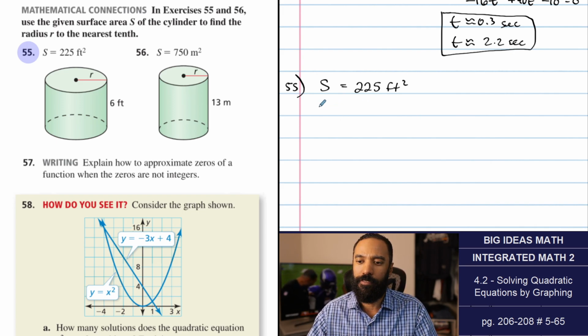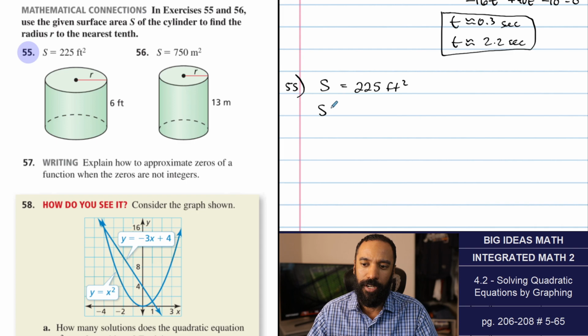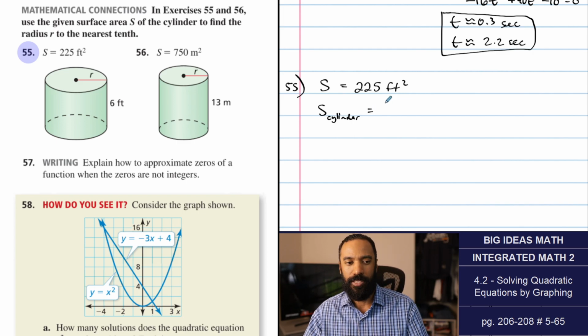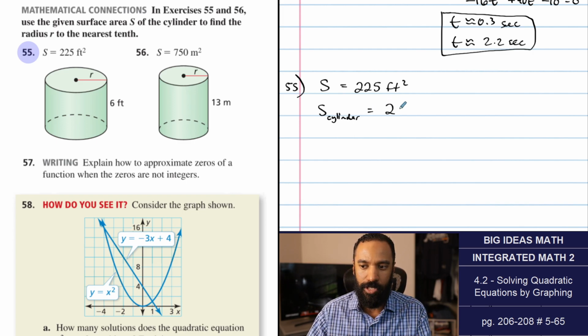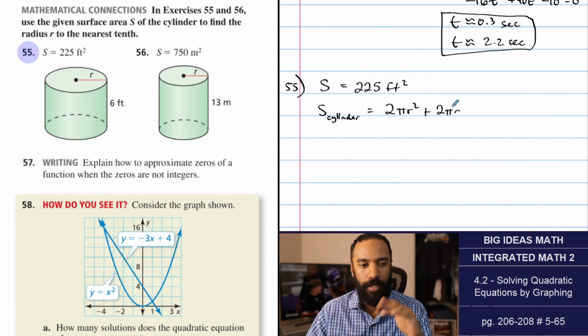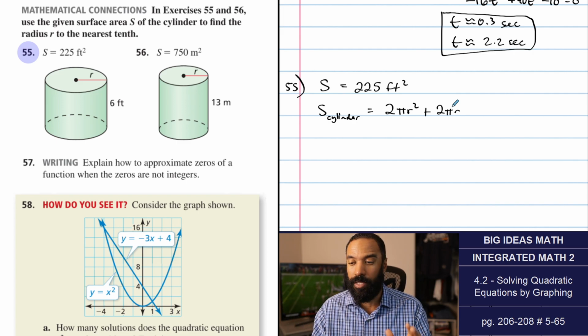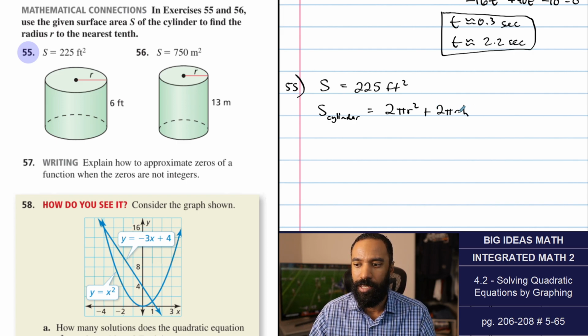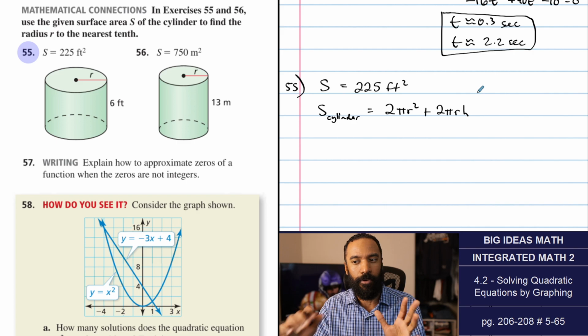Okay, so surface area of a cylinder. I write SA, not S, but that's okay. You have to take the areas of both of your bases, so 2 pi r squared, plus the circumference times the height, to give you that unfolded lateral area.